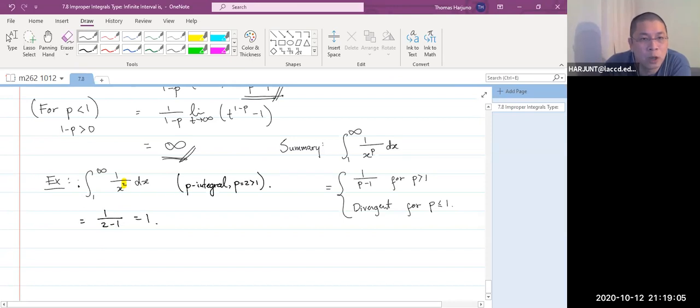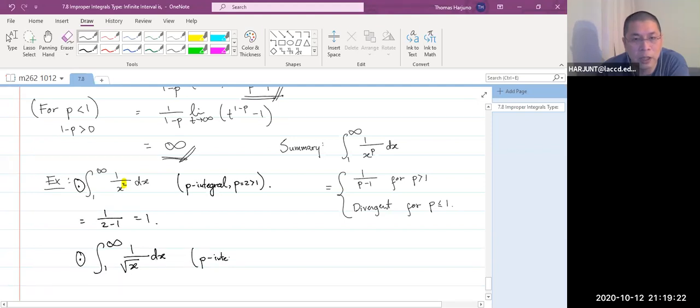Okay. How about when I have integral from 1 to infinity of 1 over x to the power of 1/2, square root of x dx? Then this is still a p integral by our definition. A p integral is the integral of 1 over x to the p with the limit of integration from 1 to infinity.